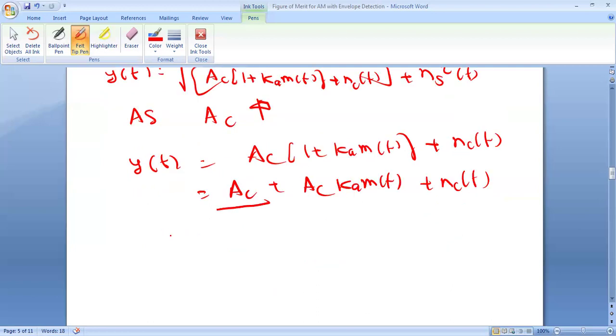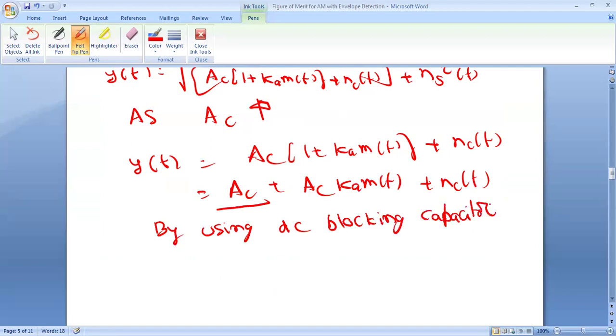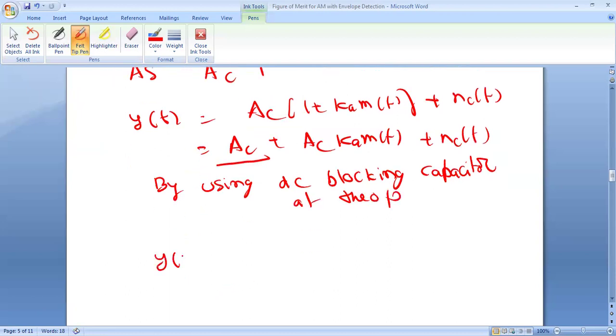So, by using a DC blocking capacitor at the output, the final expression for the demodulated signal will be AC Ka M of t plus NC of t.